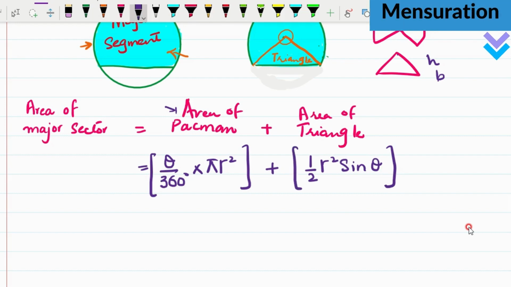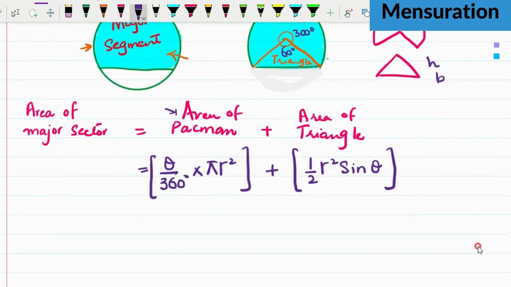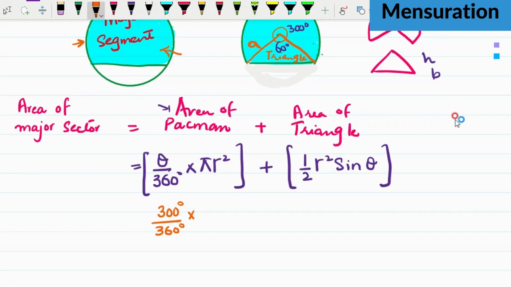Let me give you an example. So this is 300, and this one is 60. What we will do is just substitute the values. Instead of theta, we will write 300 upon 360, and we need to take the value 9 as the radius.